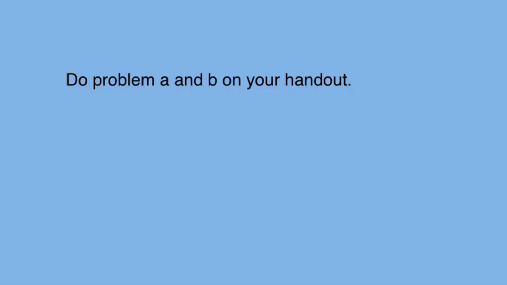Okay, so this video is going to be a little bit different. You're going to do 2 got it problems right now before we go on to the next information that I want to talk to you about. So on your handout, you have a table that has cooling water, and you have a graph that talks about the number of volunteers. I want you to find out if these are linear relationships by looking to see if they have a constant rate of change.